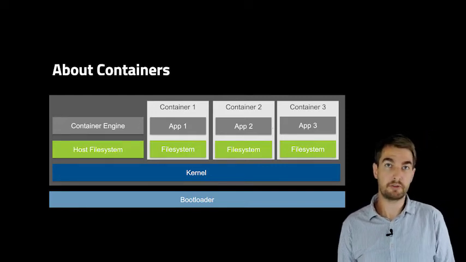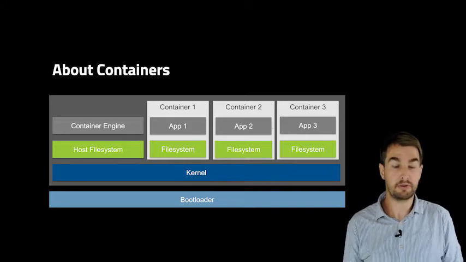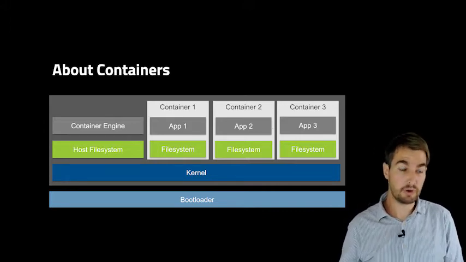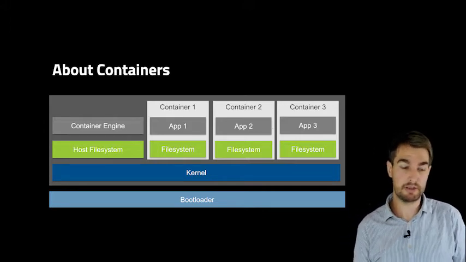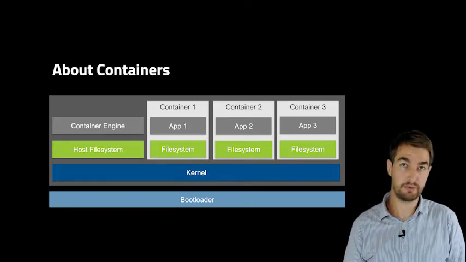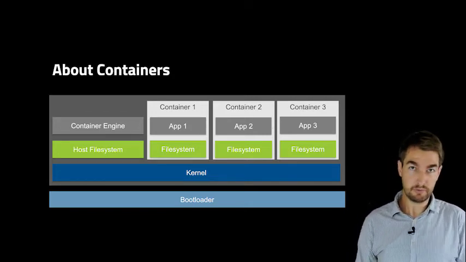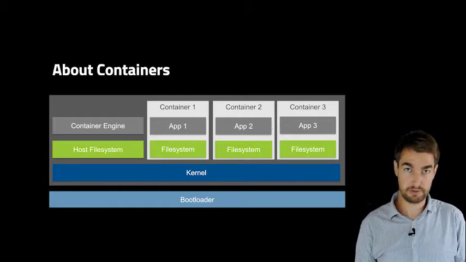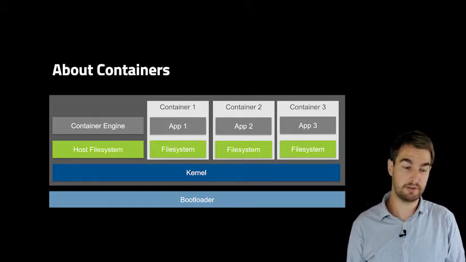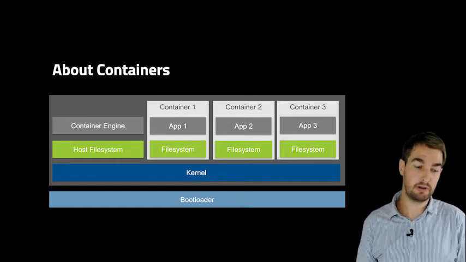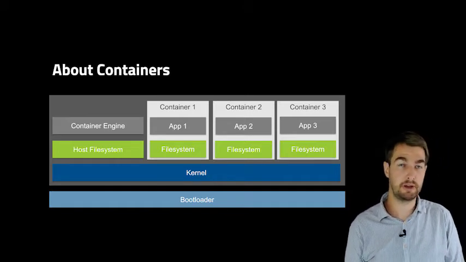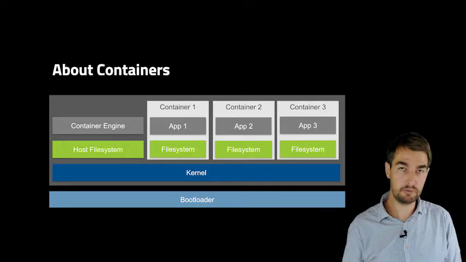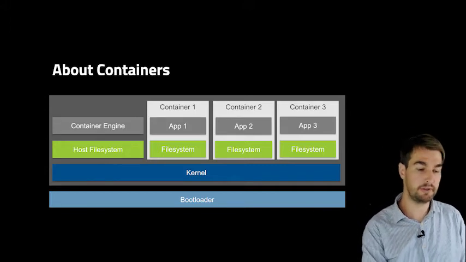So if you run an application in container 1 in this image and another application, let's say a web server, in container 2, then the application running in container 1 cannot access the one in container 2 if you don't want to have that. If you want to allow this access, you can do that, but then you have to put holes into the container itself.